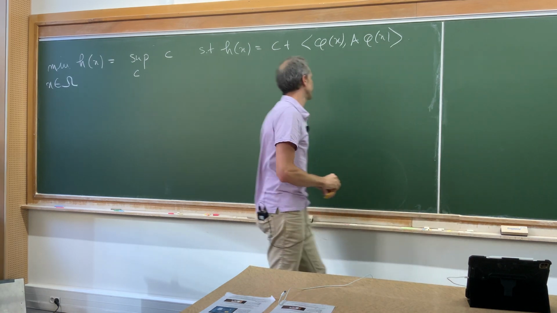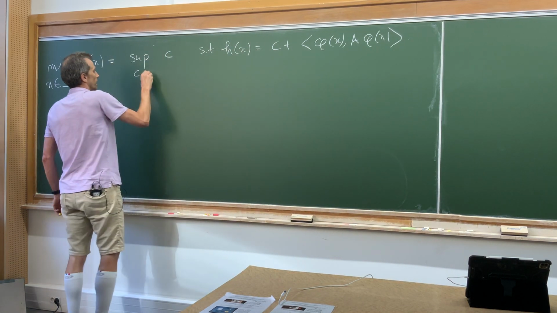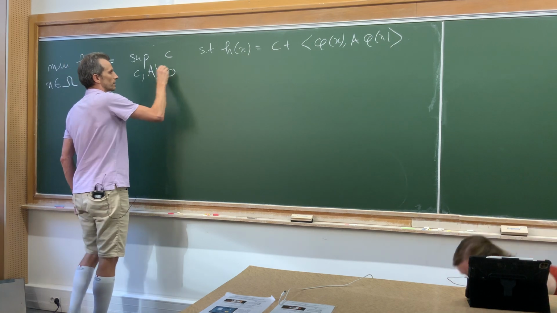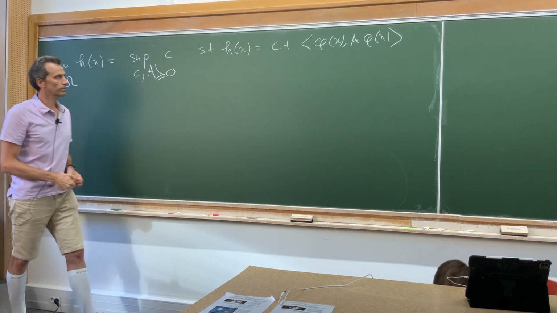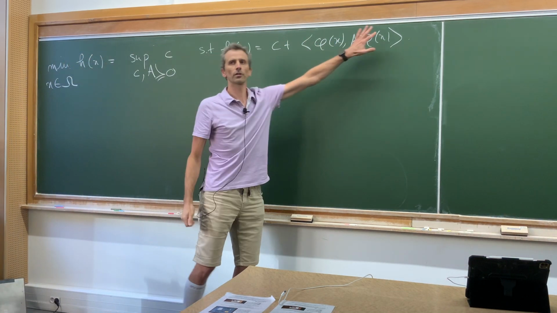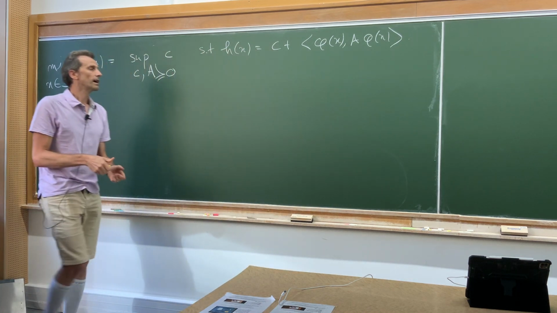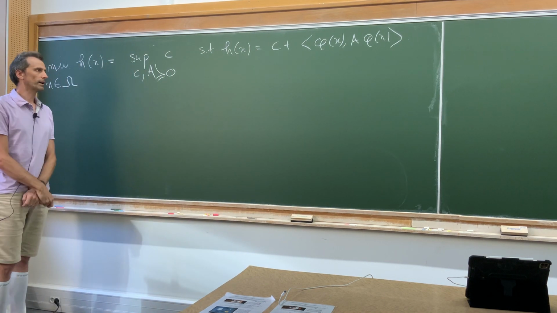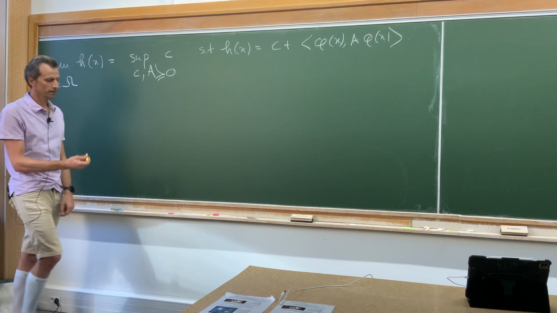So this is a classical sum of squares relaxation where I replace positivity of that function by being a sum of squares, based on some feature vector phi.